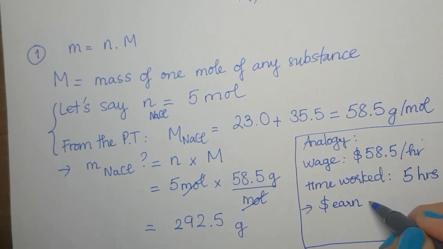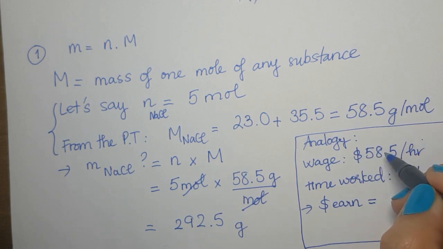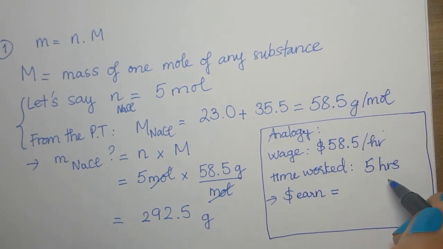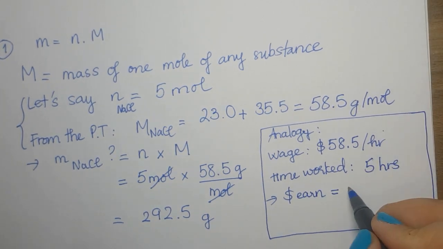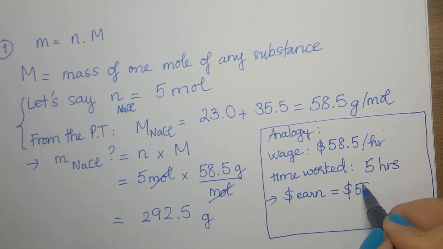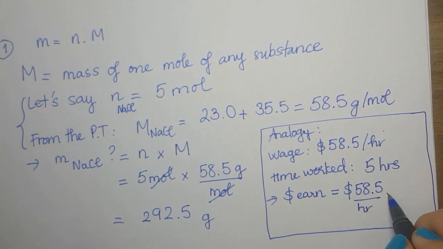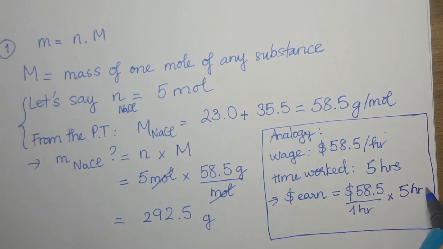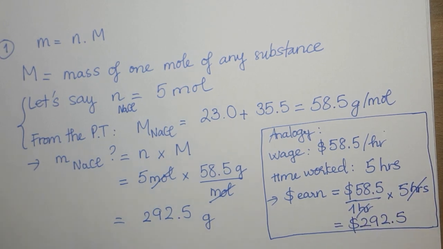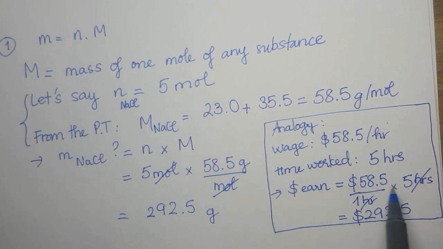What will you do? You take your wage, multiply by the number of hours that you work. That's what you would do to find out how much money I bring home this week. Multiply by per hour, multiply by 5 hours. So hour and hour cancel out. You end up with $292.5. So this is an analogy.